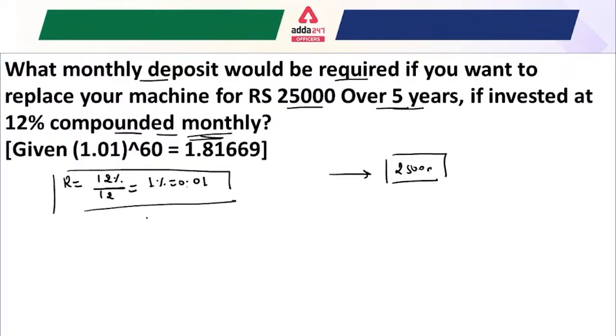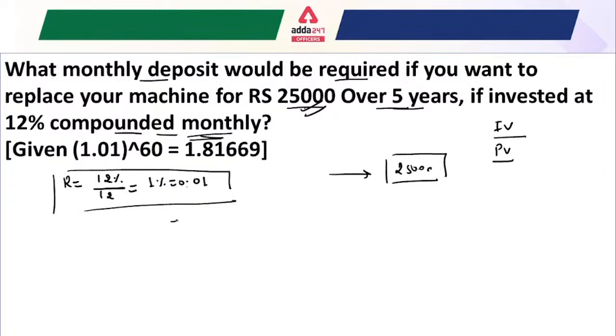Okay. Now, the formula I explained for the annuity, because I already explained that an annuity is a series of payments. So we have to use the formula for the annuity. And we have to use either the future value of the annuity or the present value of the annuity. If we want a monthly deposit that will accumulate 25,000, that means the future value is already given in the question.